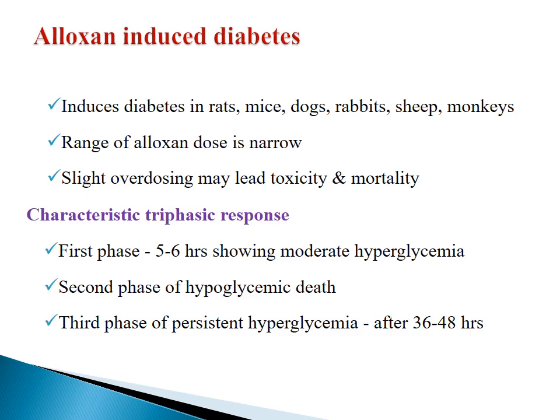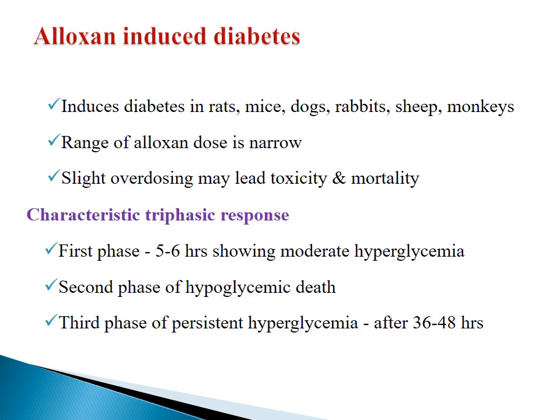Once Alloxan is injected in experimental animals, it shows characteristic triphasic response. The first phase after administration occurs within 5 to 6 hours. It shows moderate hyperglycemia because of destruction of pancreatic beta cells.